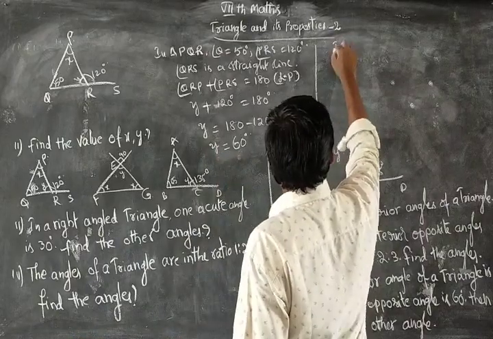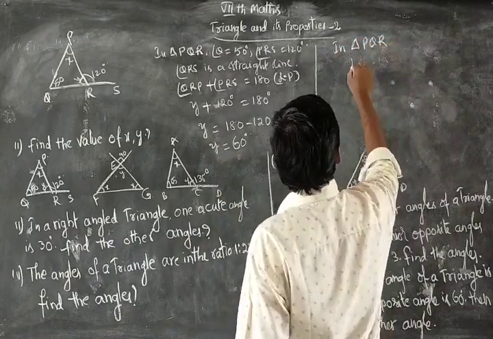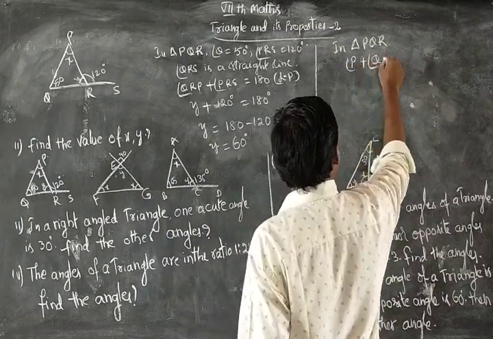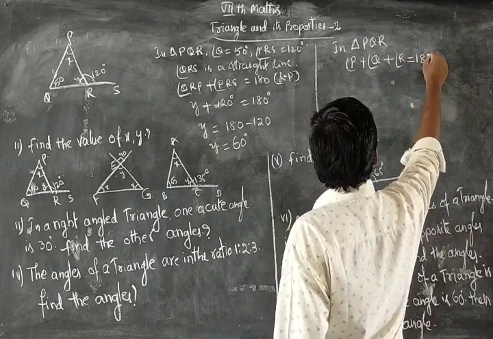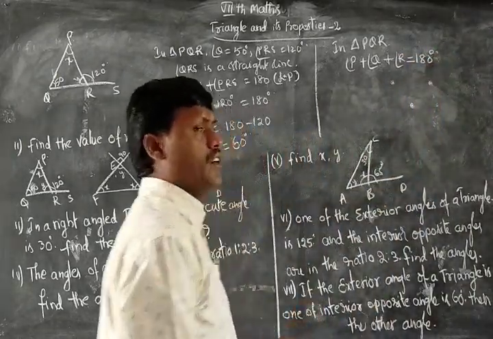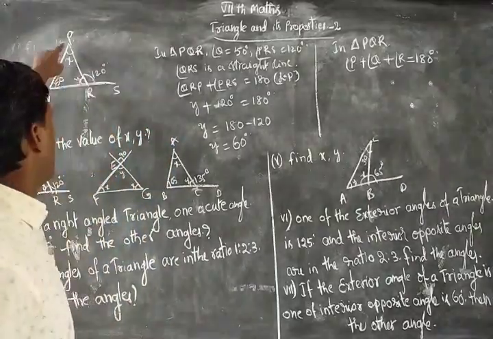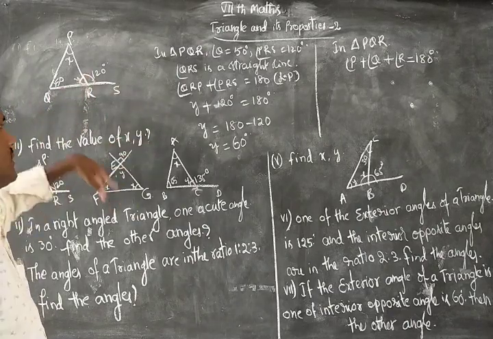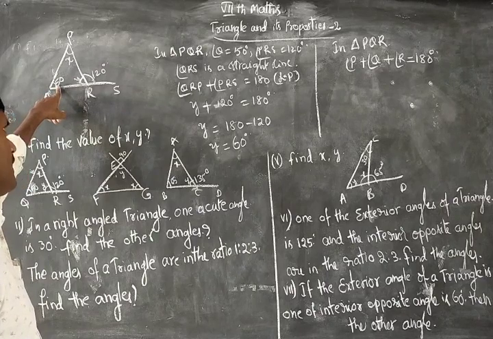Again in triangle PQR, by the angle sum property, how can you write that? Angle P plus angle Q plus angle R is equal to 180 degrees. We know angle Q is equal to 50 degrees.